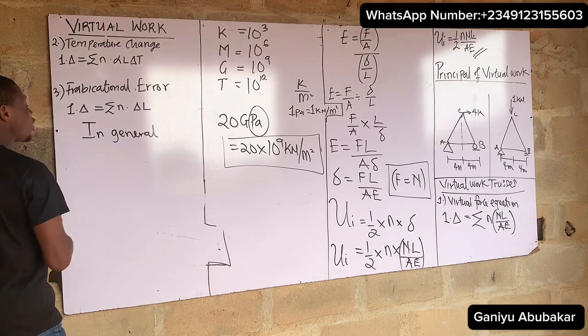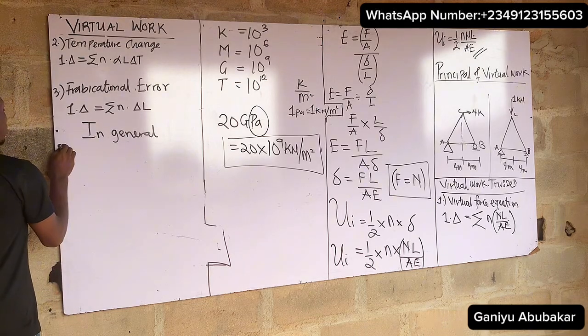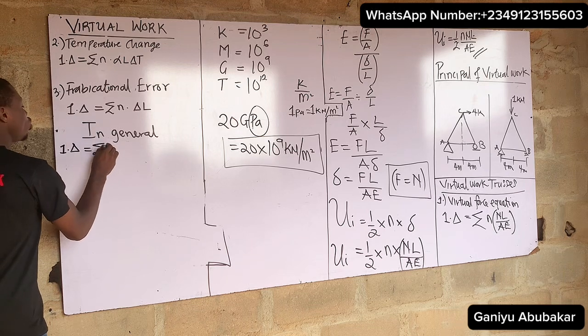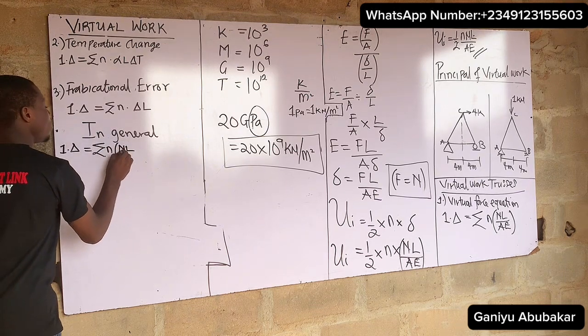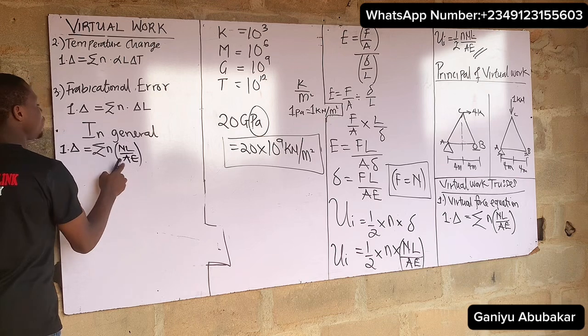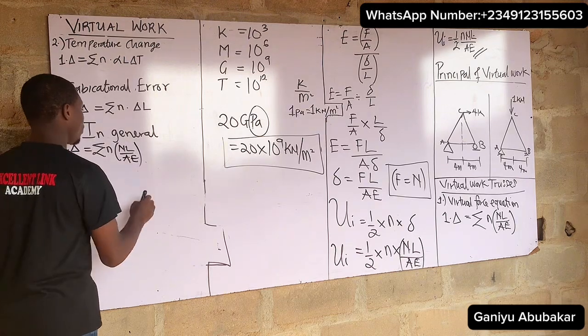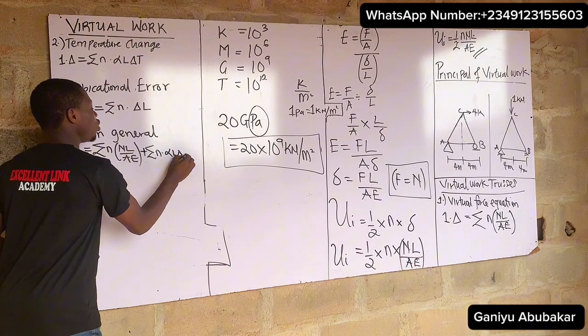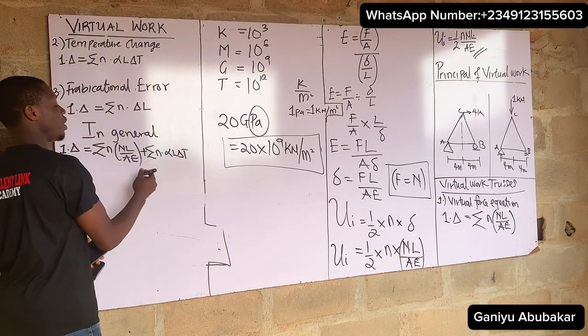In general, the virtual work equation becomes 1 dot delta is equal to the summation of n into nL over AE, this is for my normal equation, plus the summation of n dot alpha L delta T, my temperature term.